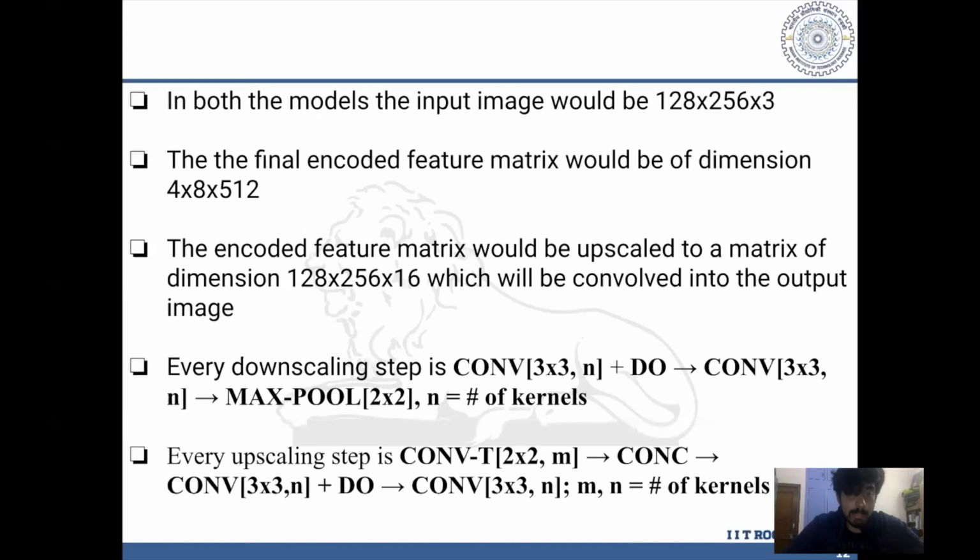Every upscaling step is more or less the opposite of the downscaling step. It consists of a convolutional transpose operation of 2 cross 2 kernel, then concatenating with the subsequent feature matrix in the encoding region, and then another convolutional operation followed by a dropout, and then a final convolution for upscaling the image.